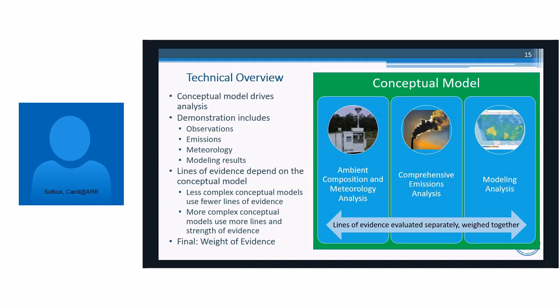Within any one of those bins, there are multiple lines of technical evidence that could be provided, and the number of lines of evidence that are going to be used will depend on the complexity of the conceptual model. So a conceptual model that is less complex may use fewer lines of evidence to support it, whereas a more complex model is going to need more lines and strength of evidence to support it. All of those different lines of evidence then, as was said once before, are going to be evaluated separately, but then weighed together in total.